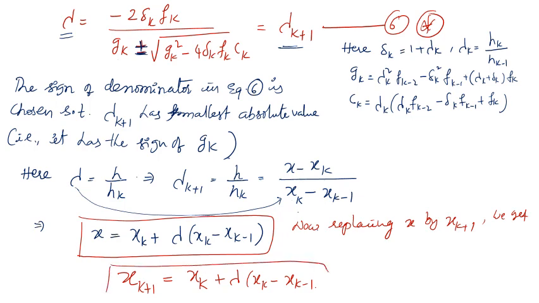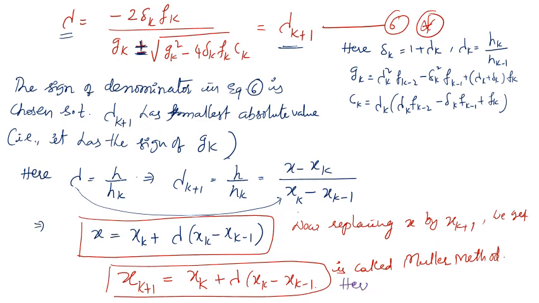This is called the Muller method. And here lambda is given by equation 6. So in Muller's method you have to remember this important formula and this lambda formula.